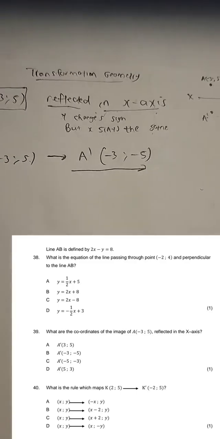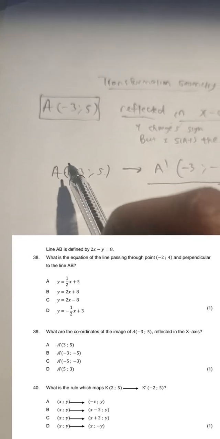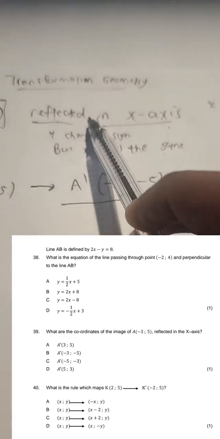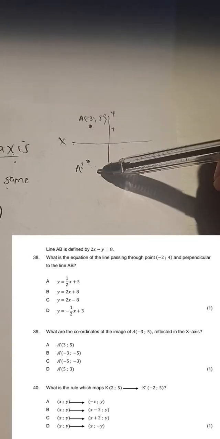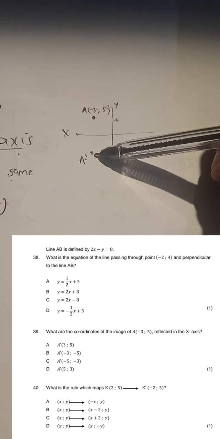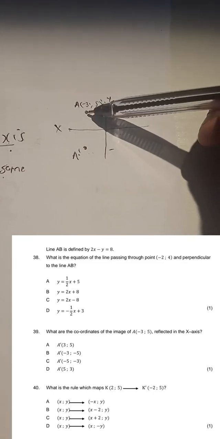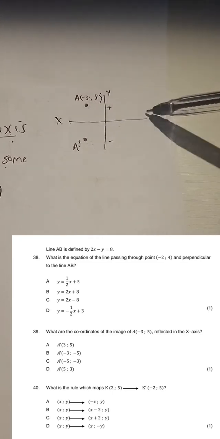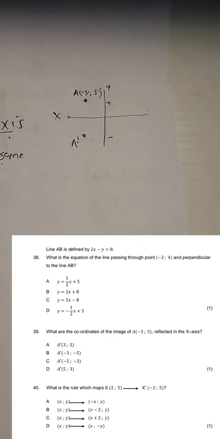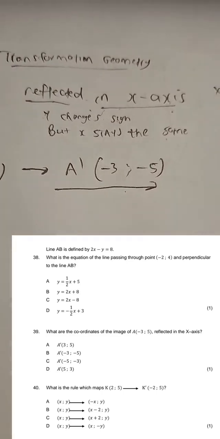This, guys, is the image of A when A is reflected in the x-axis. Reflection in the x-axis is like seeing a mirror image of the point across this axis. So the answer is (-3, -5).